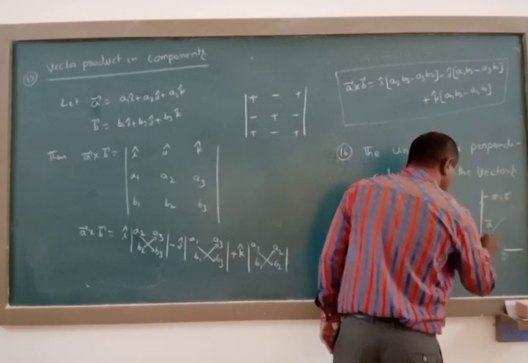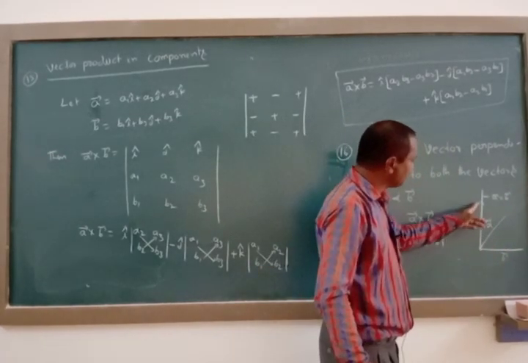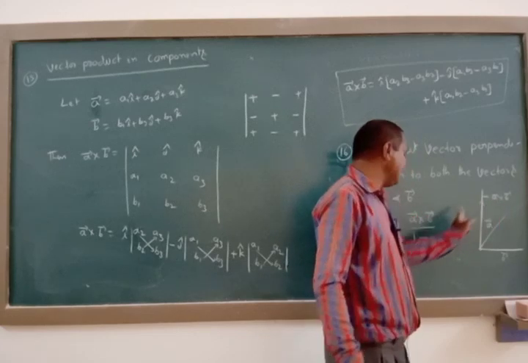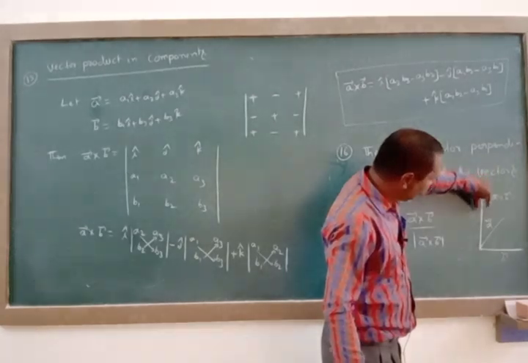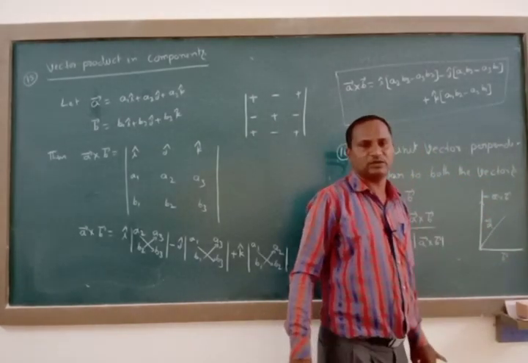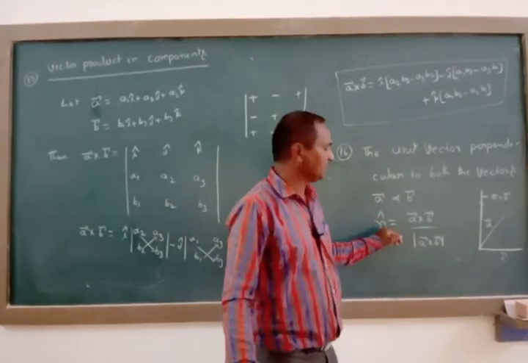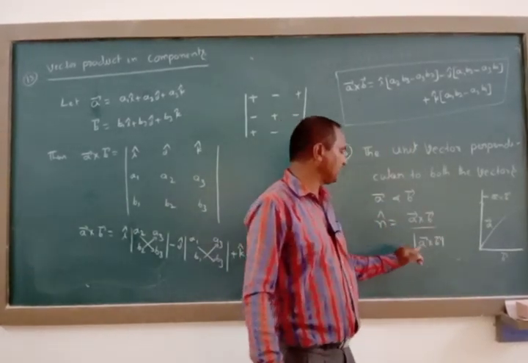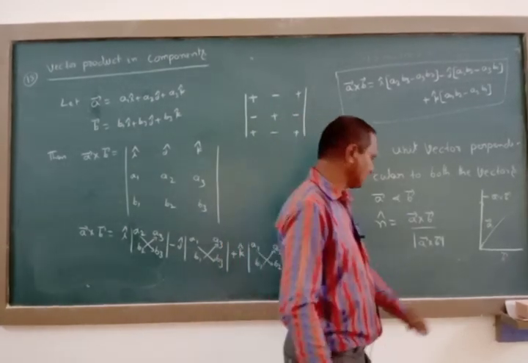For that we have to find the unit vector. A unit vector means a vector divided by its magnitude, and it should be perpendicular to both a bar and b bar. That's why we can write the unit vector n cap is equal to a bar cross b bar whole divided by magnitude of a bar cross b bar.